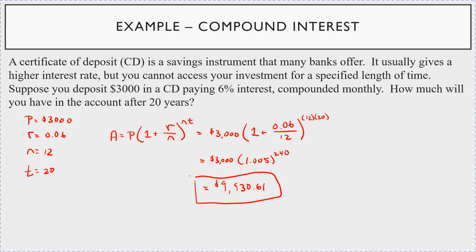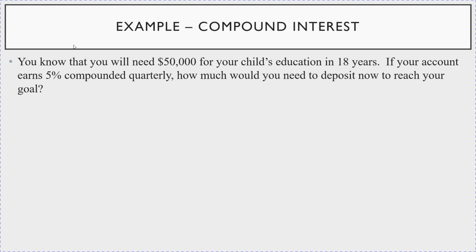All right, let's do another compounded one, and this one I'm going to make a little bit more interesting, maybe a little bit harder. So here's the problem. I have a young son at the time I'm recording this video, so we'll pick me as an example.